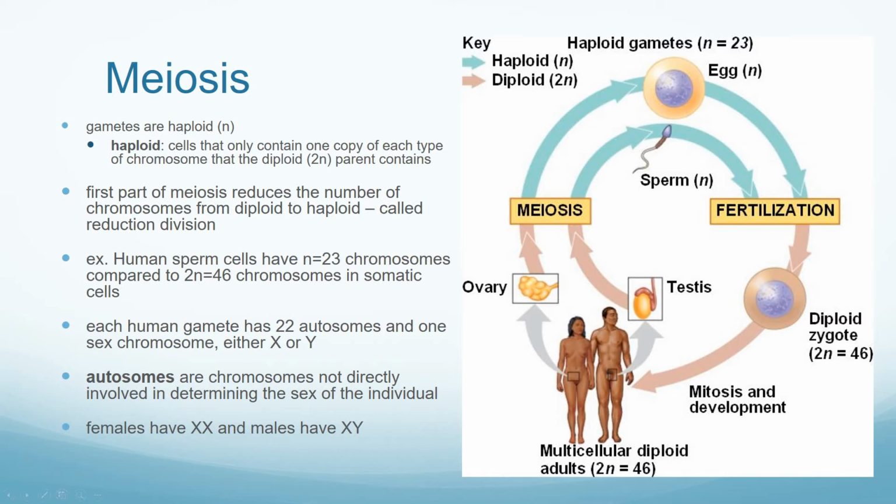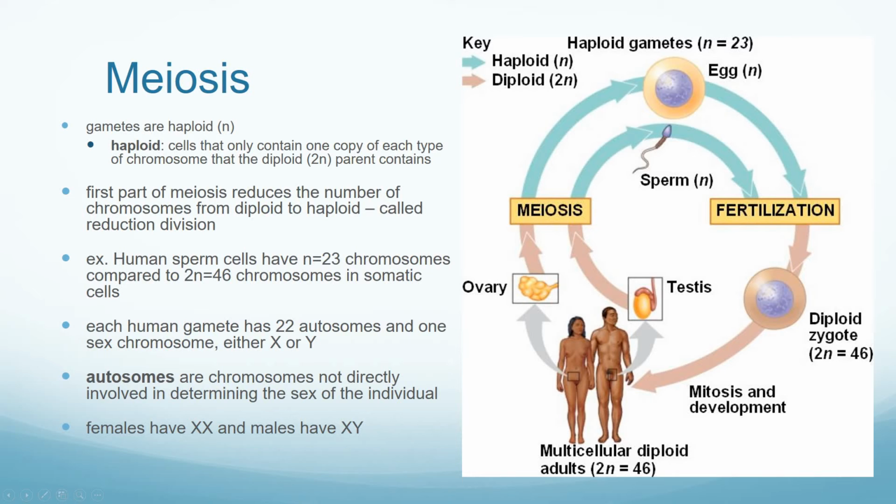So if you take a look here, we have the blue arrows that are going to be haploid numbers, and then the red arrows are diploid in numbers. You can see that the sperm and the egg, or the ovum, the entire way, they're going to be haploid until fertilization.